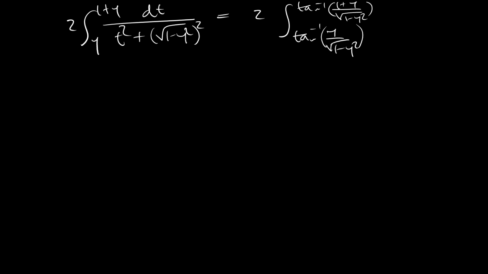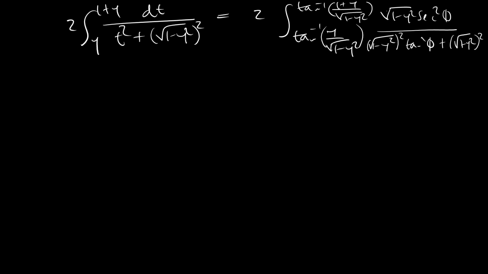The square root of 1 minus y squared sec squared phi over t squared, which would be the square root of 1 minus y squared, squared, tan squared phi, plus the square of the square root of 1 minus y squared, right?